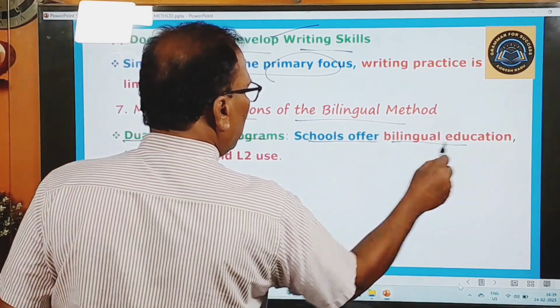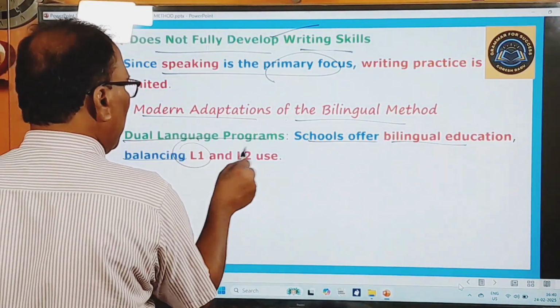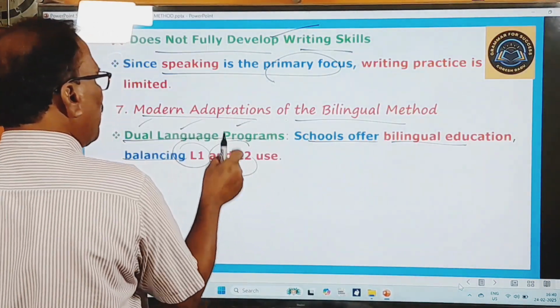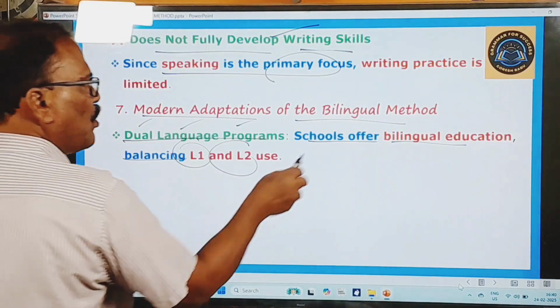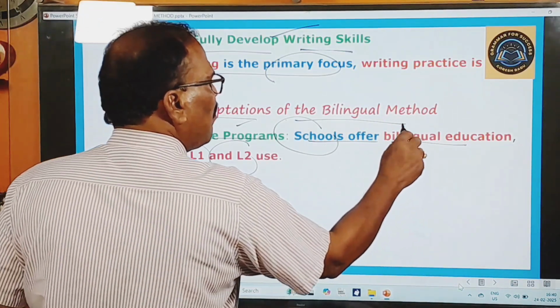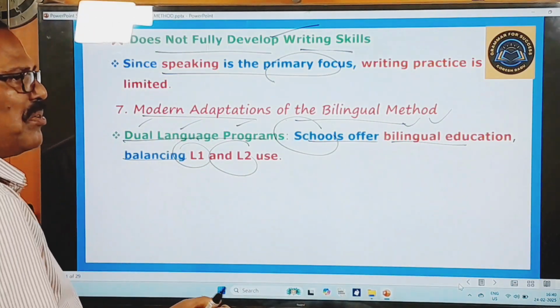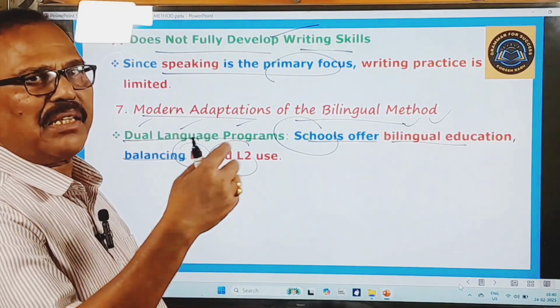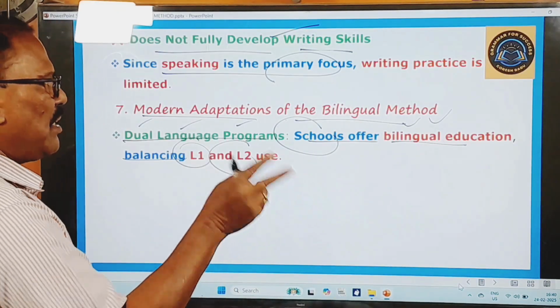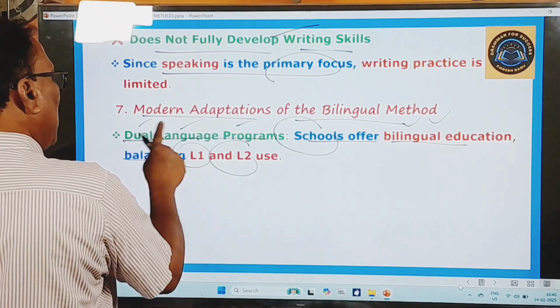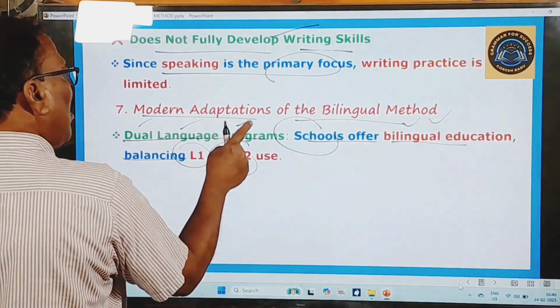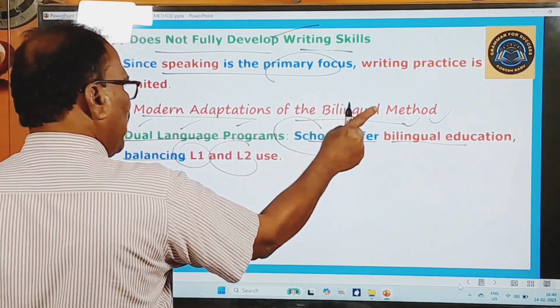Schools offer bilingual education, balancing L1 and L2. So they have adopted this bilingual method. In schools that offer bilingual education, that means in their mother tongue as well as in the target language, bilingual education is there, balancing L1 and L2 use.